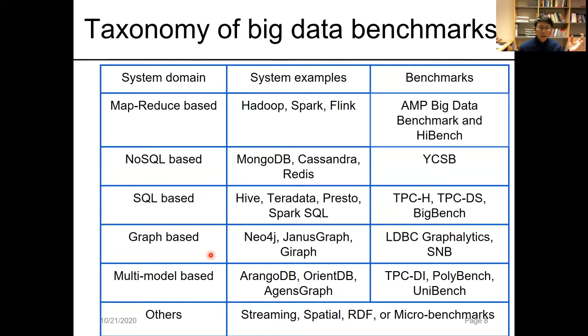For the graph-based systems, the system examples include Neo4j, JanusGraph, and JGraph, and the benchmarking systems include LDBC, Graph Analytics, and SMB. For the multimodal database-based systems, the systems include ArangoDB, OrientDB, and AgensGraph, and the benchmarking systems include TPCx-DI, PolyBench, and UniBench. And for the other systems, including streaming, spatial, RDF, and the macro benchmarks.